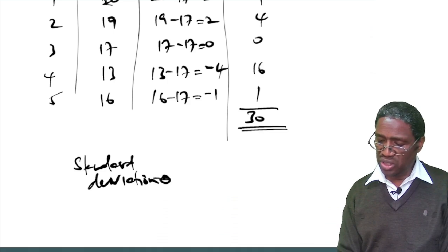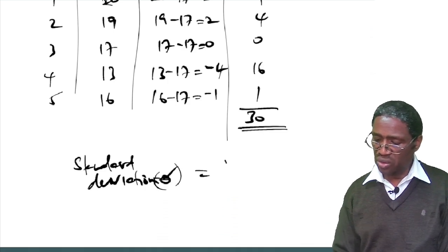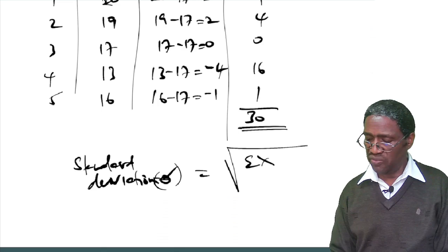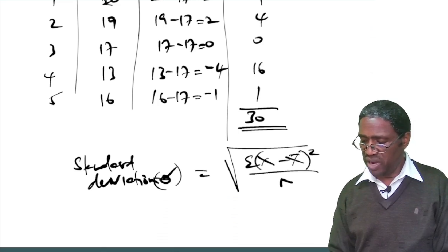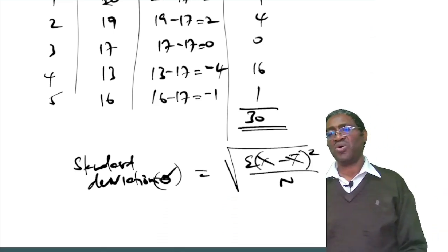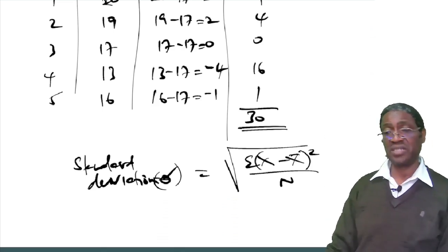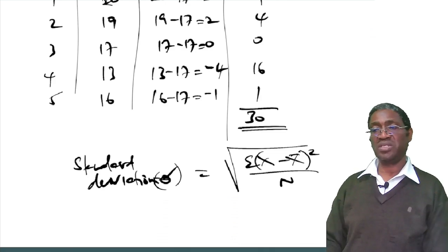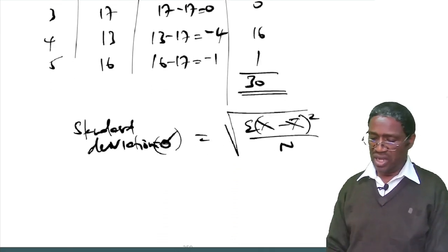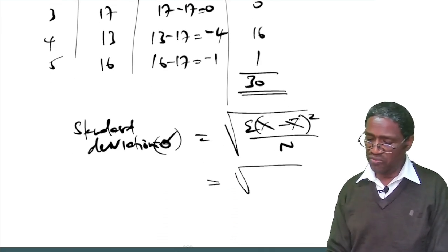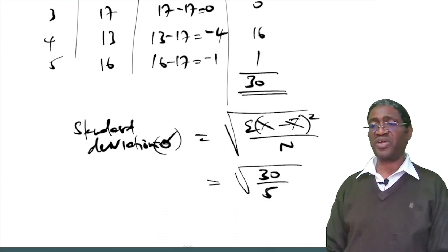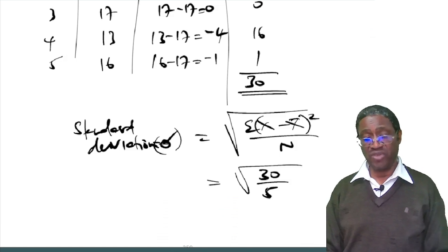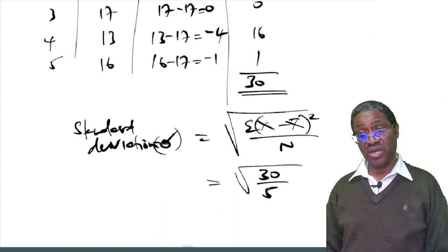I told you sigma is the square root of summation of x minus x bar squared divided by n. So I already have what is inside the numerator there. That would be square root of 30 divided by 5. 30 is the sum of the squared deviations.